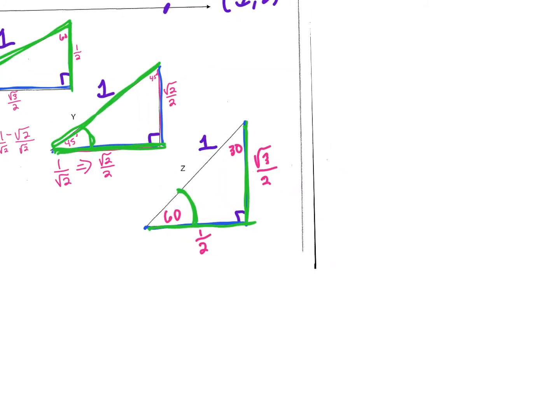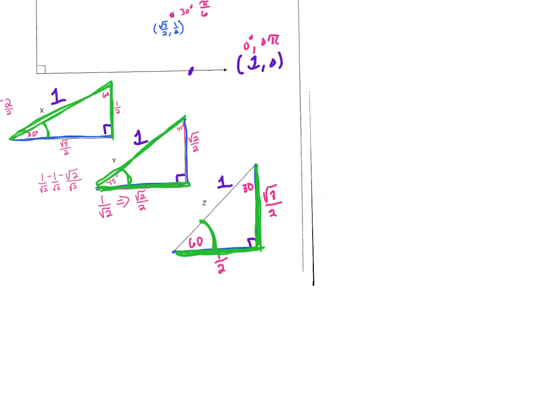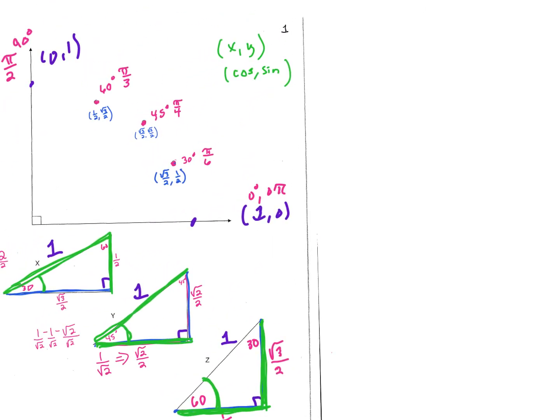For the tangent being the opposite over the adjacent, the opposite side is which side, the x or the y? The y. So the opposite is the y and the adjacent is the x. So you do have to remember that to find the tangent value, you're going to do y over x. That is equivalent to our opposite over adjacent. Okay?